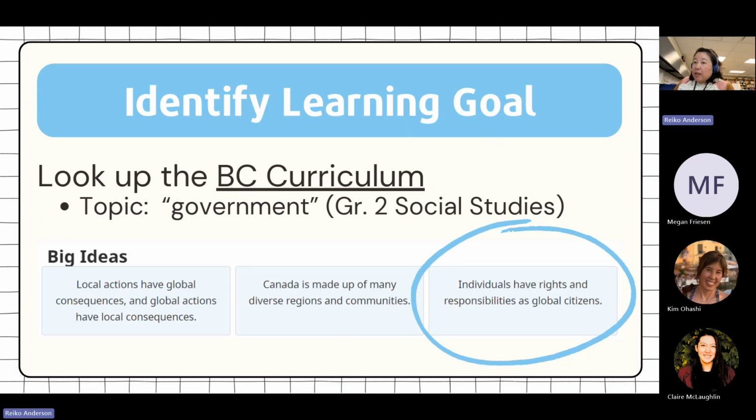If you have teachers in the classroom, they already know this, but we went into the BC curriculum to look up government as a topic, right? The class is talking about government. There were 3 big ideas, and we looked at these and we said that this third one made the most sense to this particular student. Individuals have rights and responsibilities as global citizens. So then we broke it down to his comprehension level.